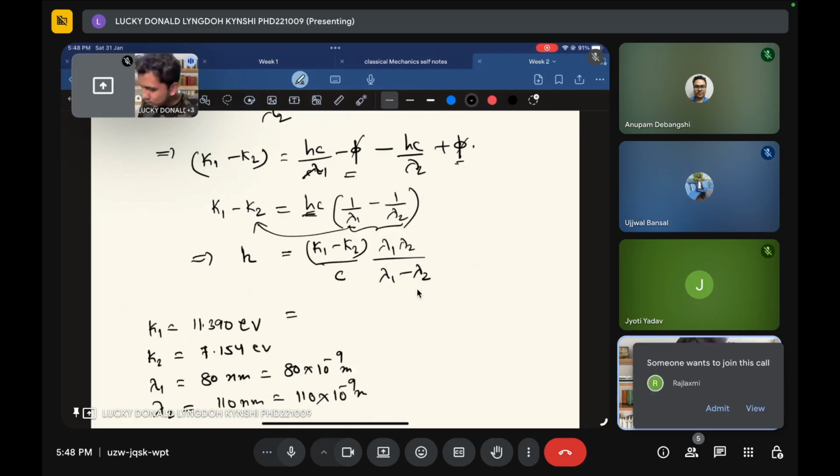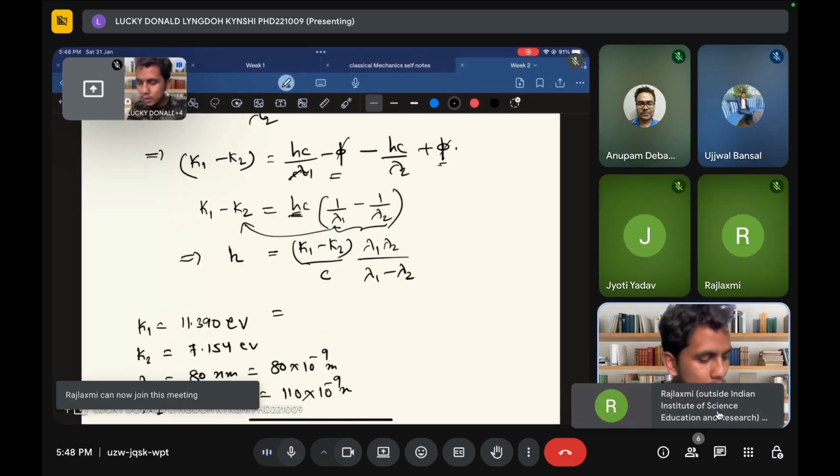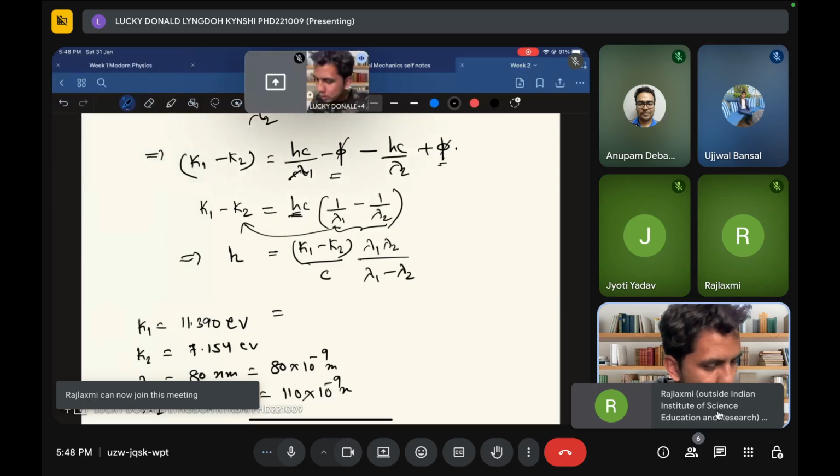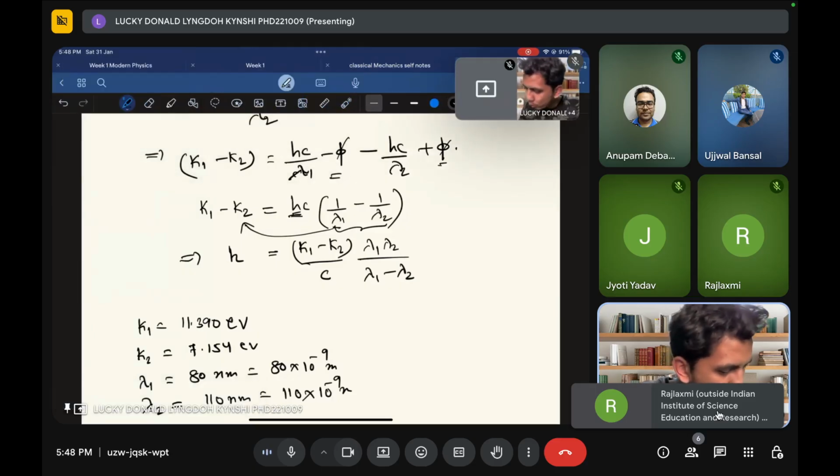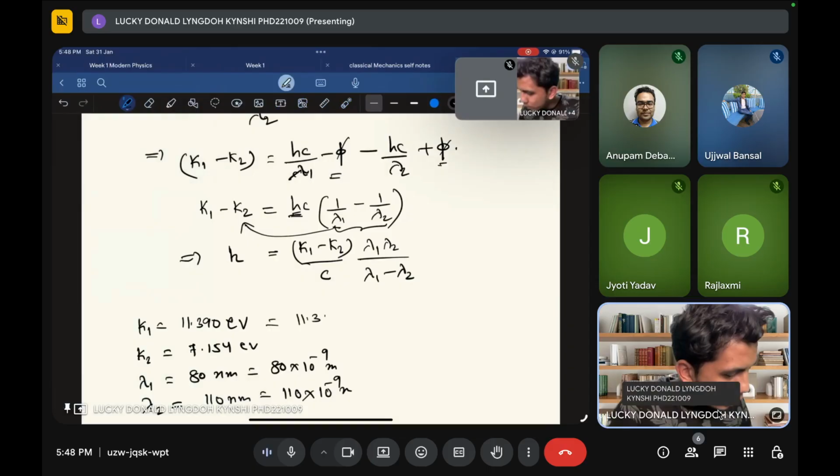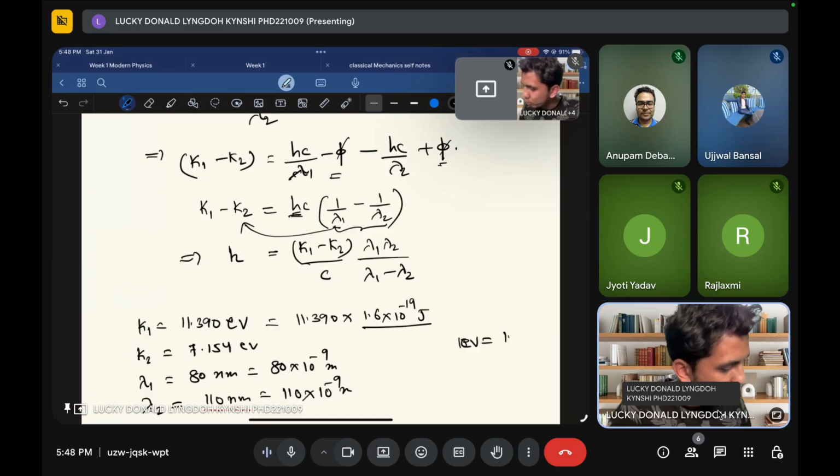So if you want to convert this into joules, it will be 11.390 into 1.6 into 10 to the power minus 19 joules. Remember this, because 1 electron volt is equal to 1.6 into 10 to the power minus 19 joule.